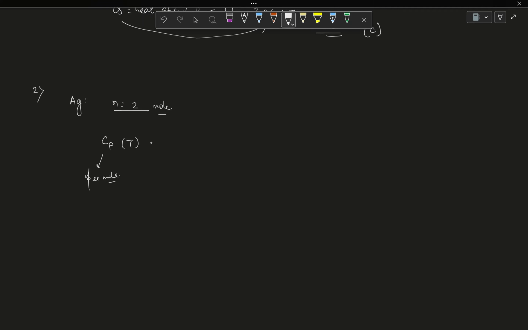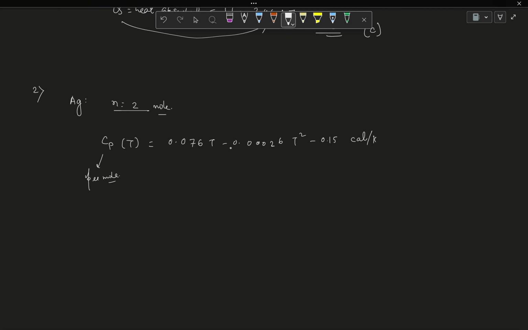You have to remember that, because the calculation might be different depending on whether it is molar or not, but most of the time people use the molar specific heat value only. So in the question also it is mentioned that this is molar. So this is for 1 mole. This Cp as a function of T is 0.076 T minus 0.00026 T squared minus 0.15 calorie per Kelvin.